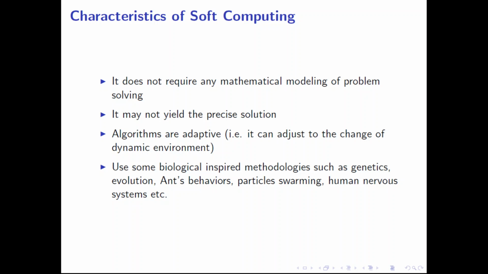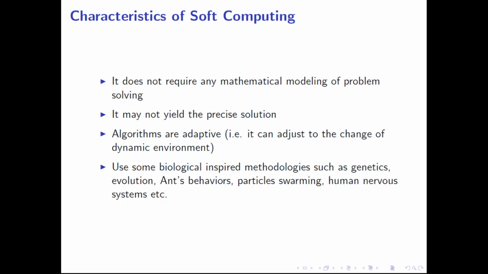What are the characteristics of soft computing? Soft computing does not require any mathematical modeling to solve a problem. In the case of hard computing, a mathematical model is required, then only you can solve a problem. Whereas in soft computing, the mathematical model is not required.